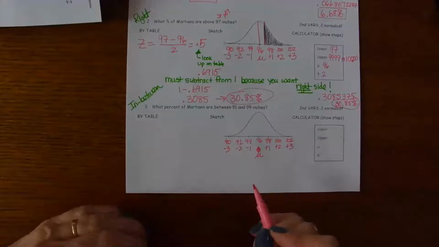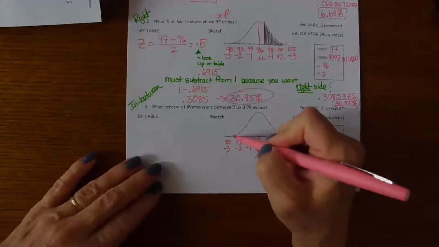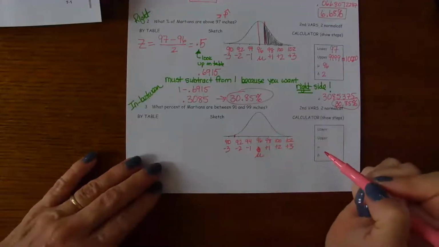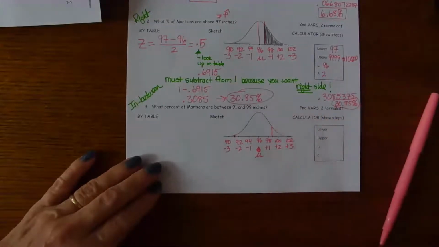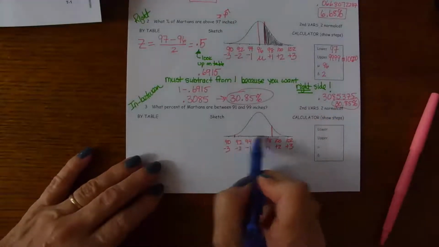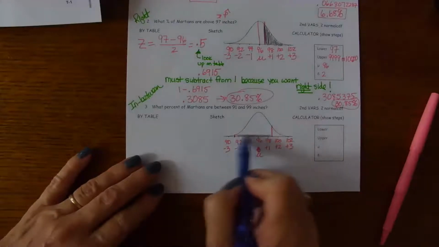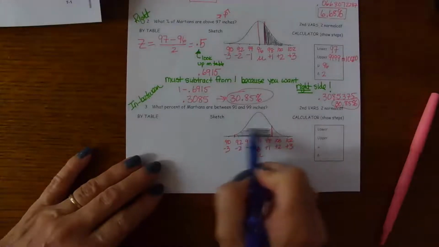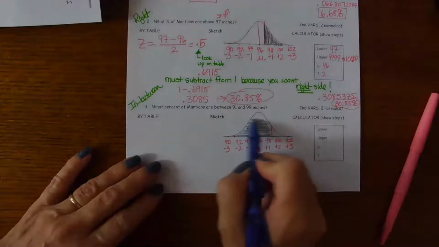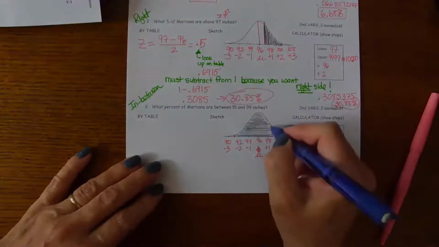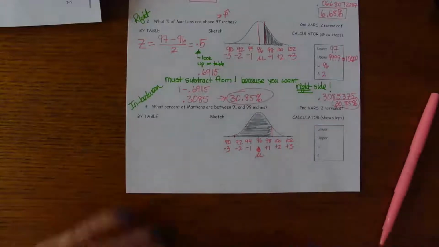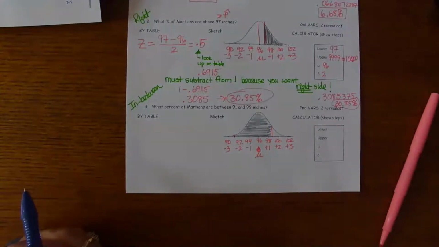So now I want between 91, where that would be here, and 99. That would be 98, 100, that'd be right here. So I'm interested in these people. That's going to be a pretty big amount, right?